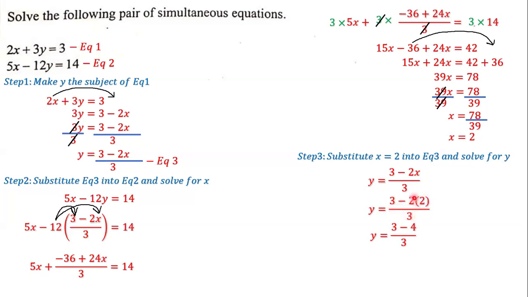Negative 2 times 2 is negative 4, and so we have 3 minus 4 on the numerator and 3 for the denominator. 3 minus 4 is definitely negative 1, and we keep the denominator.